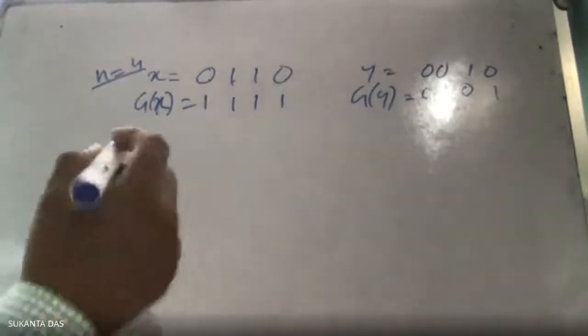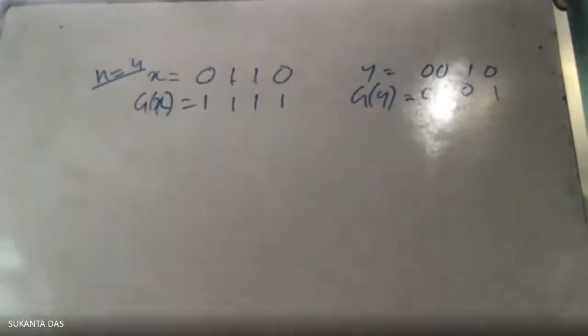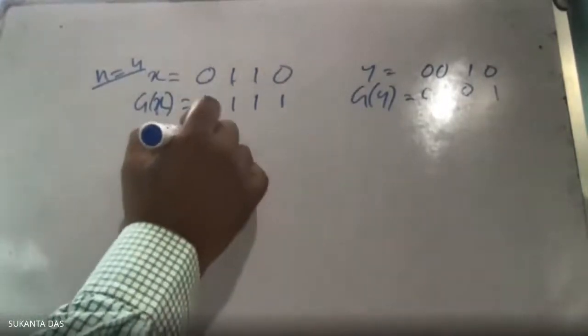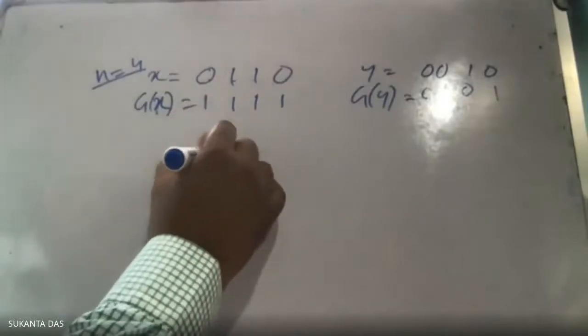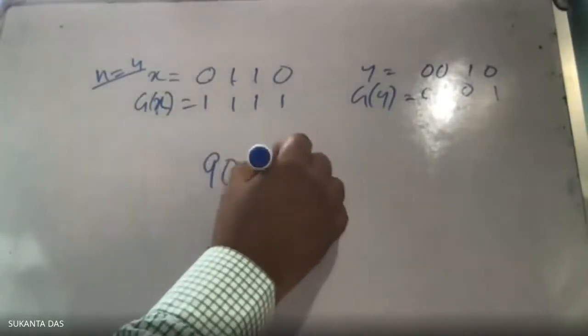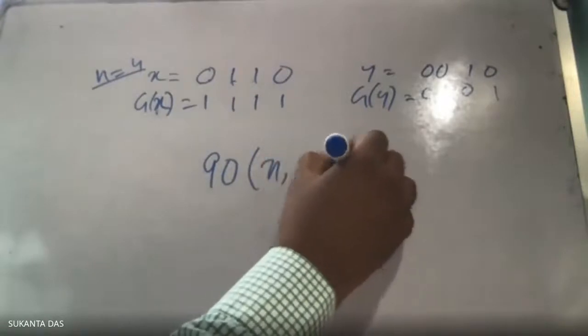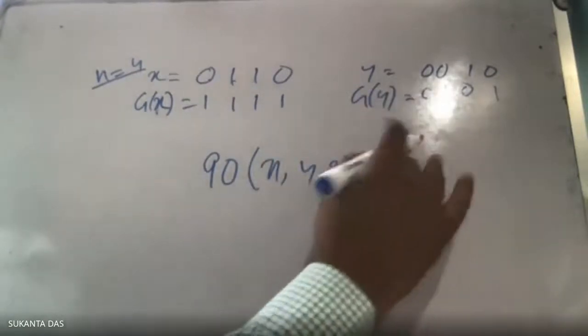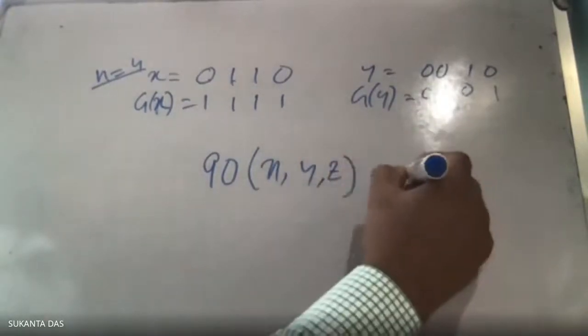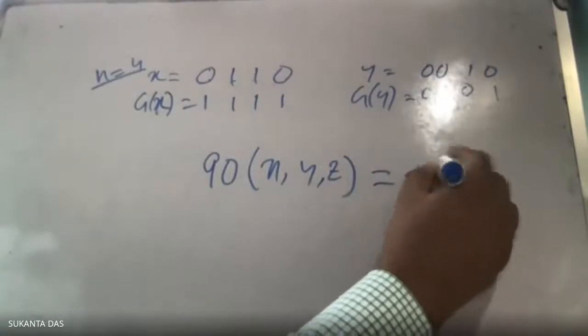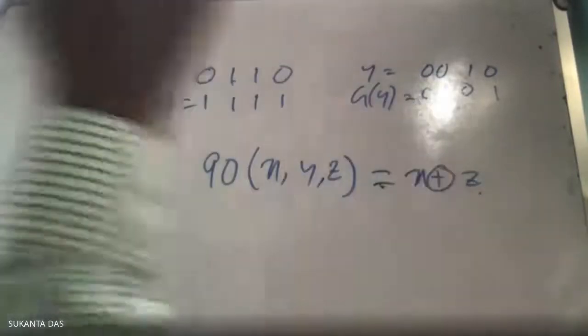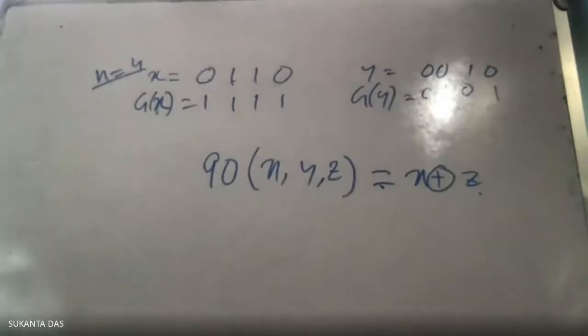Maybe I started with rule 90. So should I show that rule 90 is also a linear rule? Rule 90 is x plus z, or x XOR z. This is also a linear rule. What are the conditions of linearity?